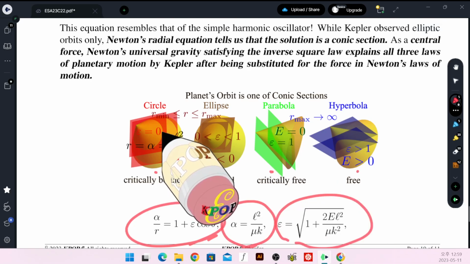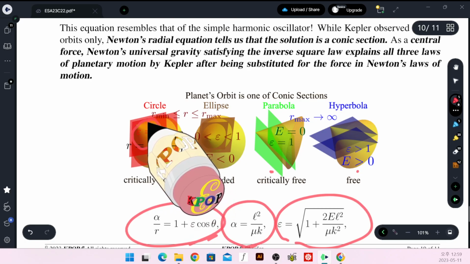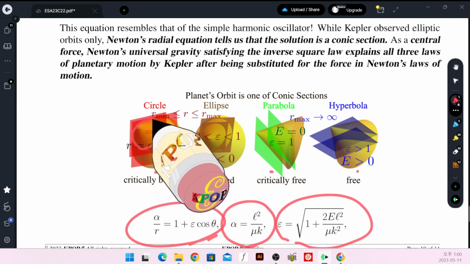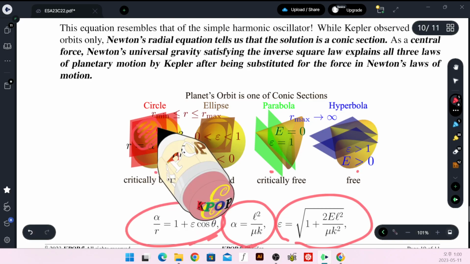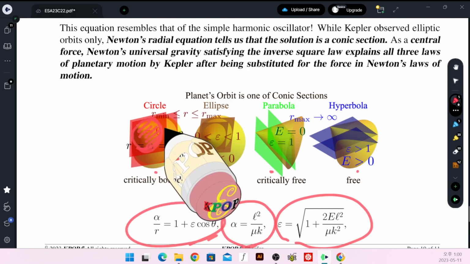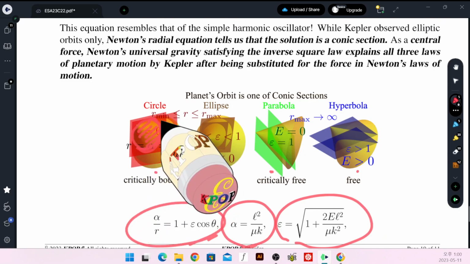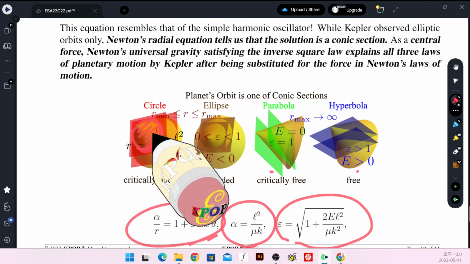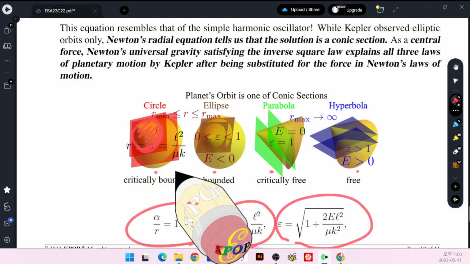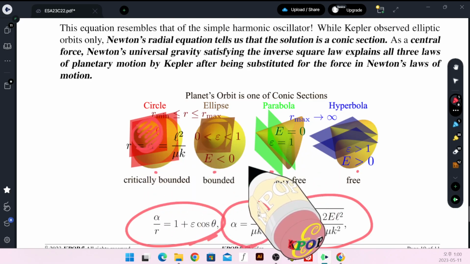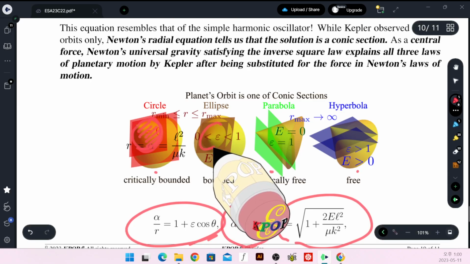What is that? This is a circle. A circle is a cross section, and the boundary of this is the orbit. A circular orbit can be obtained by slicing a cone parallel to the base. If you make some angle relative to the base, then you will find an ellipse.